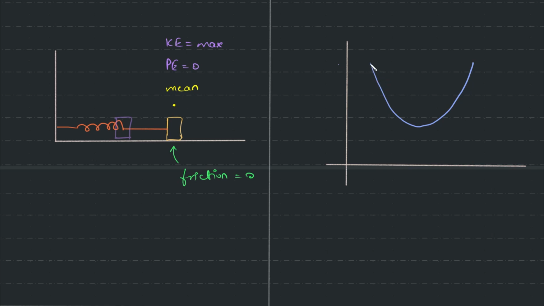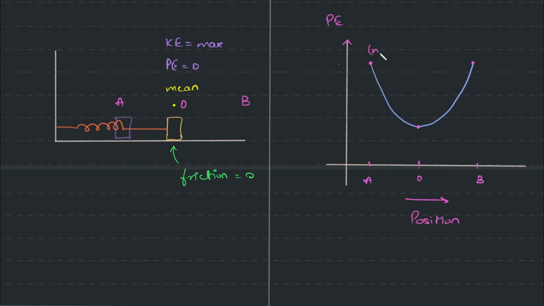Say this is the maximum point, and that's your minimum point. So if I have to map it, if this is A, this is O, and this is B, this is nothing but your A, O, B. That is a position. So along this axis, you are looking at the position. Along this axis, you are looking at, in this case, potential energy.